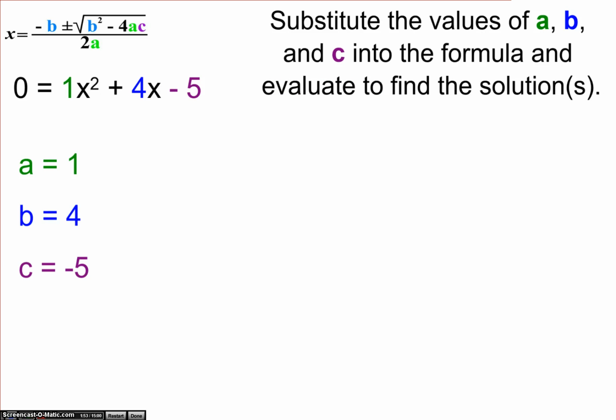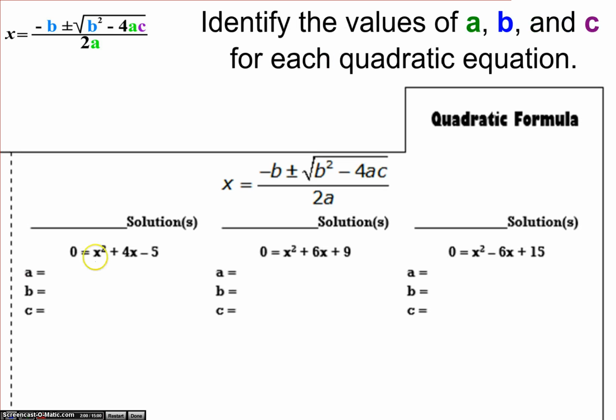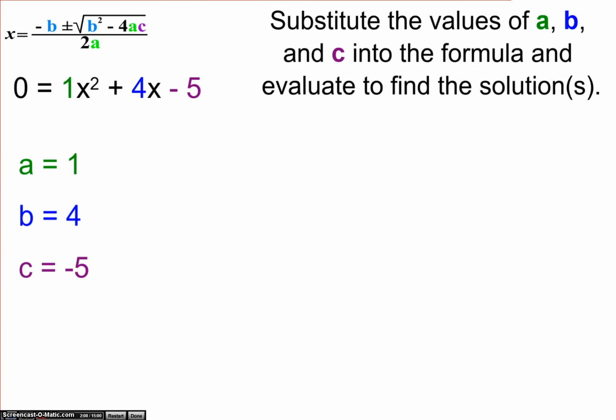So the first example is 0 equals 1x squared plus 4x minus 5. Remember, when you have just a variable and there's no number in front of it, there's an invisible 1. So next to a, write 1. Next to b, write 4. And next to c, write negative 5. Here's the formula.